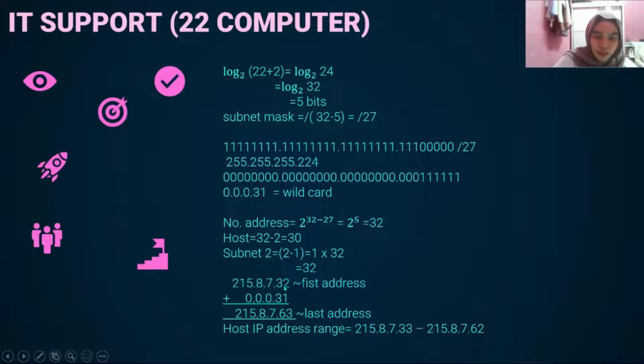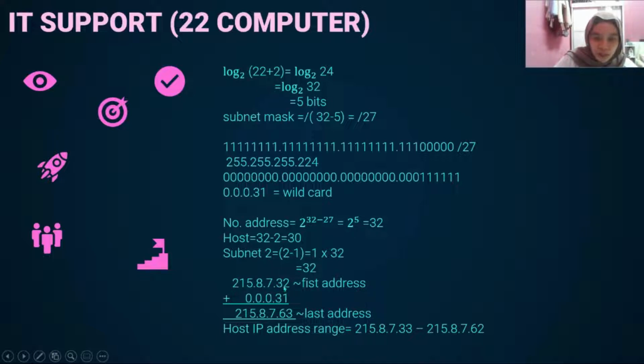And then you're going to put 32 in the 4th octet of the IP address, which is the host ID, and that will be your first address. And then you're going to add the wildcard, and that is how you will get the last address, also the broadcast address, which is 215.8.7.63.